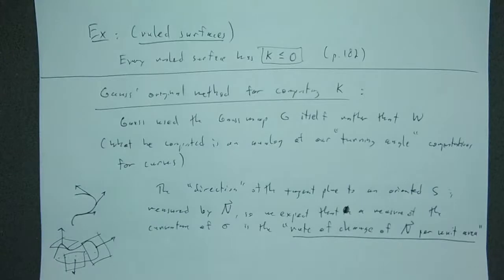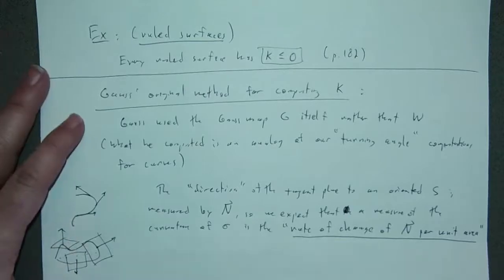Okay, so here's the slightly different thing. Before we just said rate of change of the normal vector, and we were happy to identify that quantity with the Weingarten map, which is the derivative of the Gauss map. Here, this is rate of change of the normal vector per unit area.